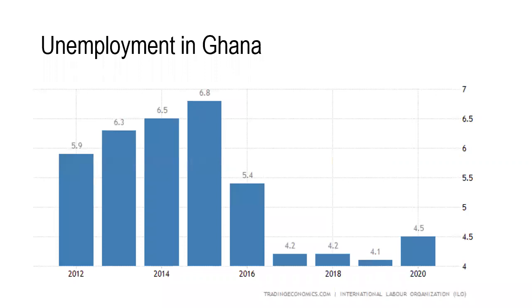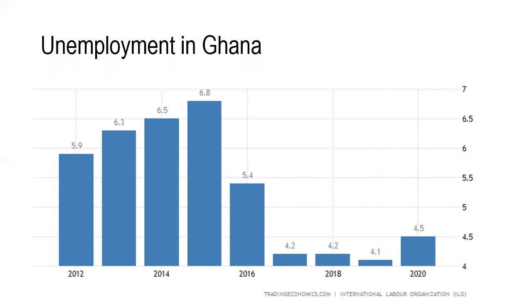So we have trends of unemployment in Ghana indicated here. And like I said, the definition for unemployment is also a contributing factor. When we look at it, the differences are not too much.